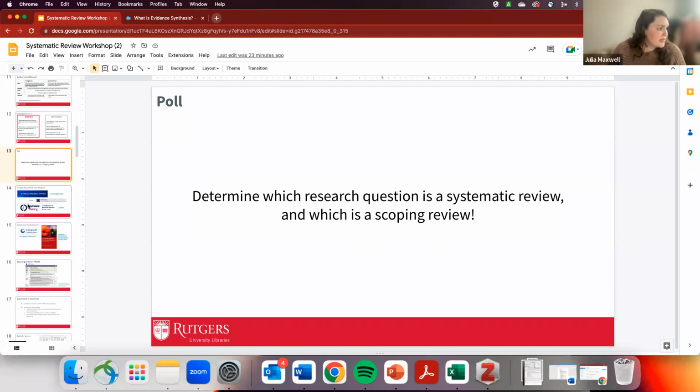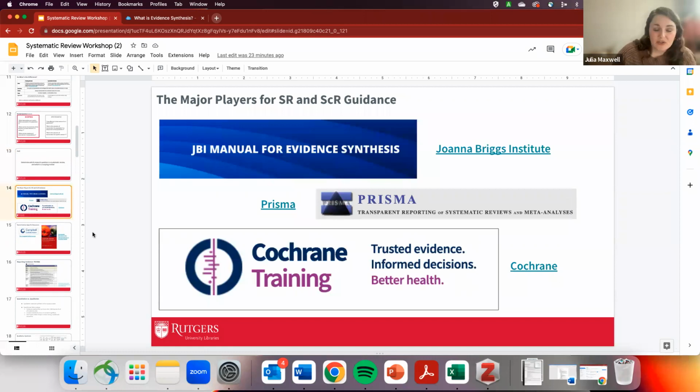Okay. I want to talk a little bit about the major players in the evidence synthesis world, who gives the guidelines, who makes the manuals, who determines what the best practices are. So there are a bunch of really great figureheads in the evidence synthesis world.